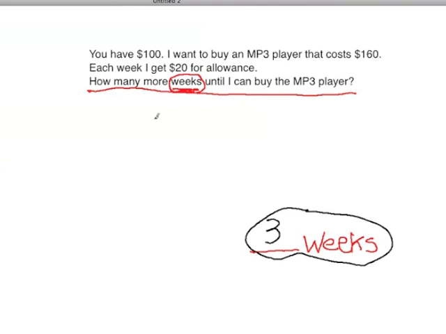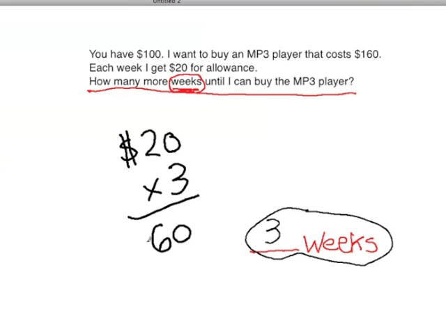And now I'm going to make a plan again, and I'm going to sort it out to see if it's reasonable. Now, if I earn $20 every week, and I'm doing this for 3 weeks, I end up with $60. Now, I already have $100.